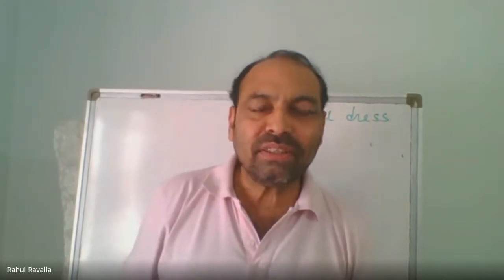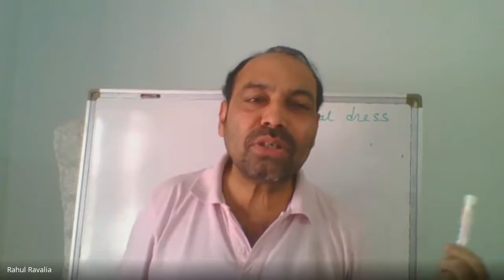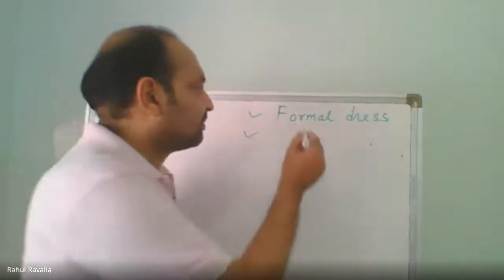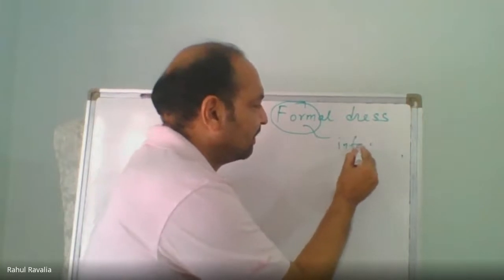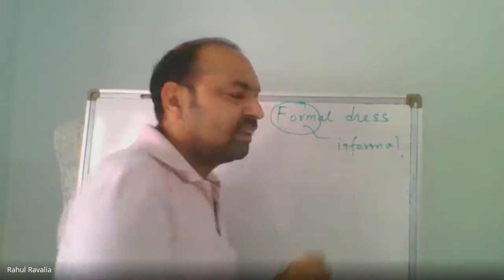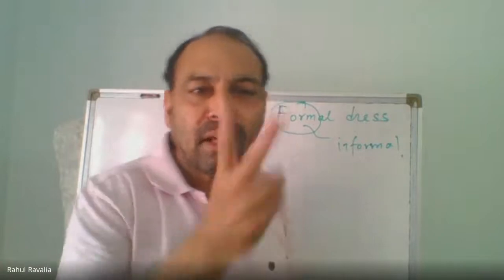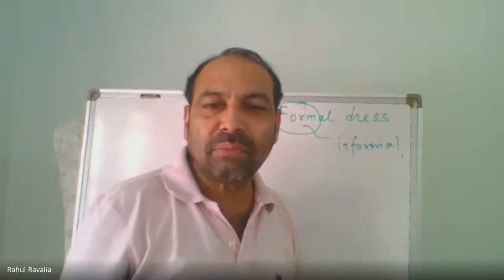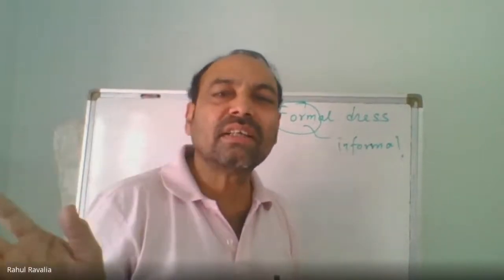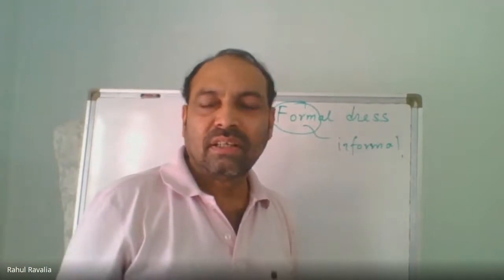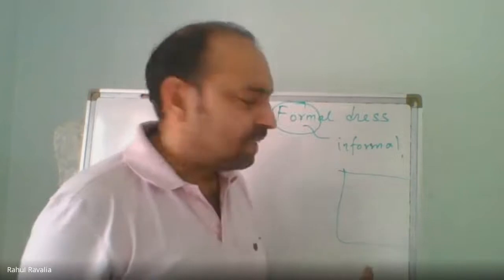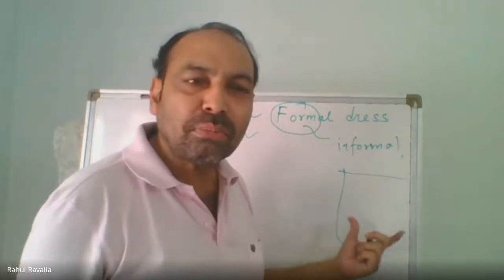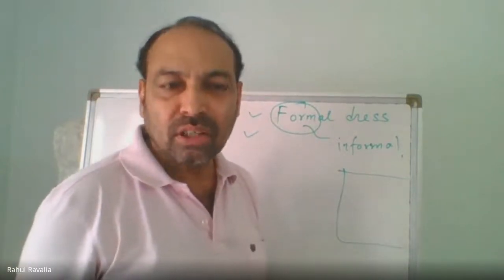First of all, let us go to the etymology of the word. There are two words which are very familiar. One is formal and another is informal. If I write a letter, then my letter can be formal or informal.